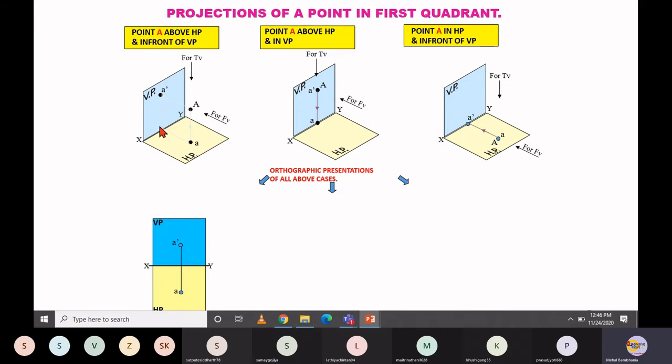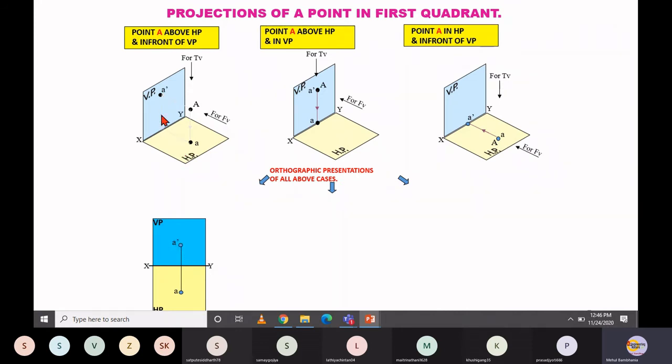Exactly the same height you have to refer to with this XY reference line. So with the XY reference line, the height of A dash is decided by how much distance above HP is given. Whatever dimension is given for above HP is used to locate this A dash, that is the front view projection, right?